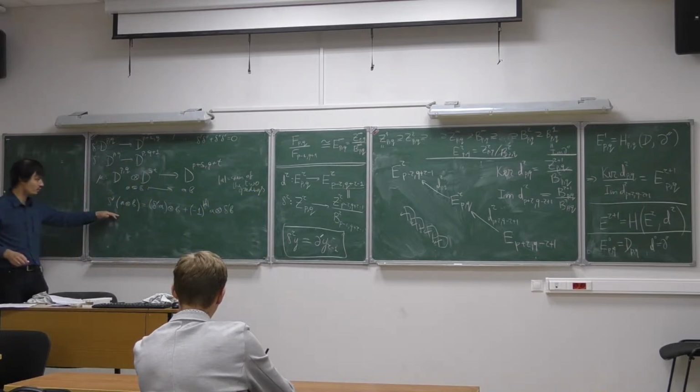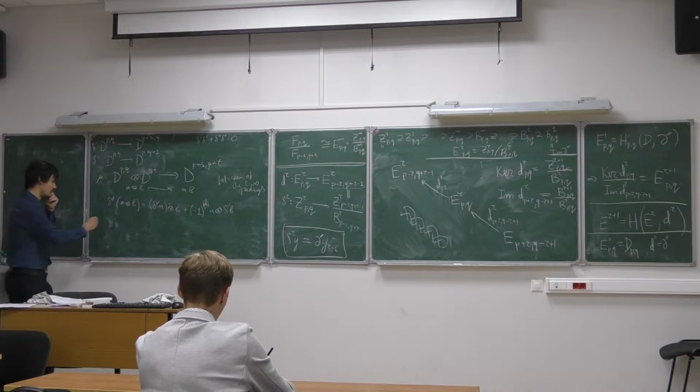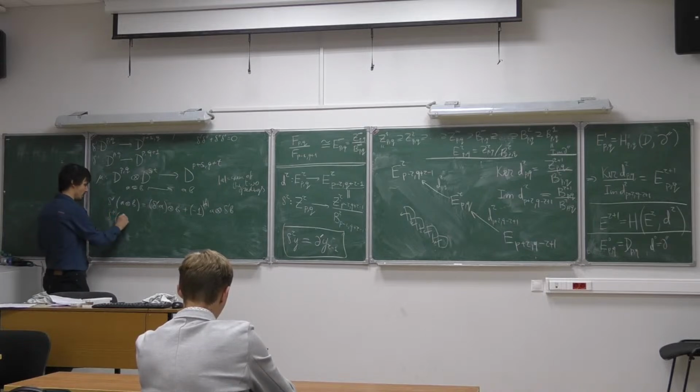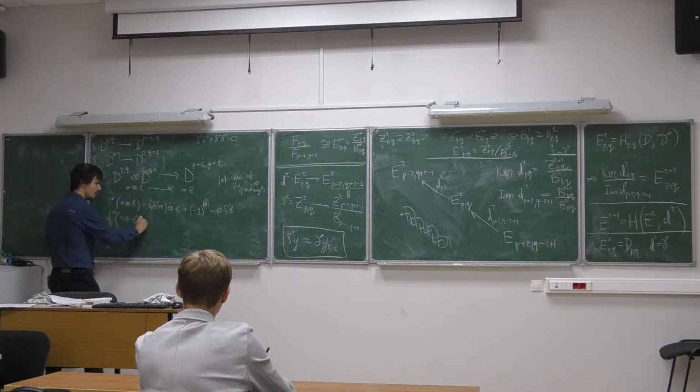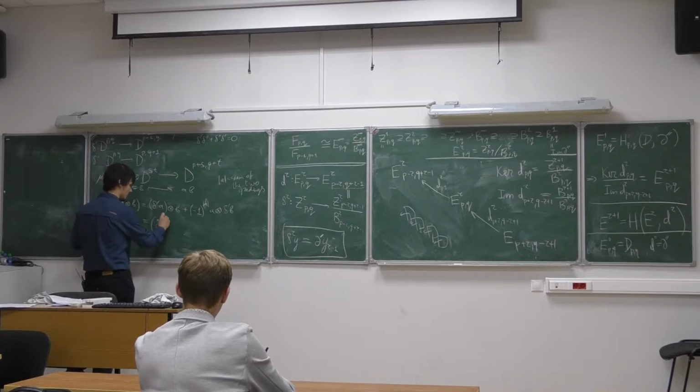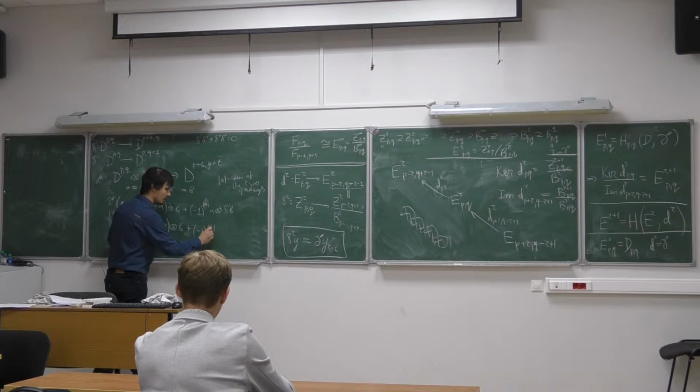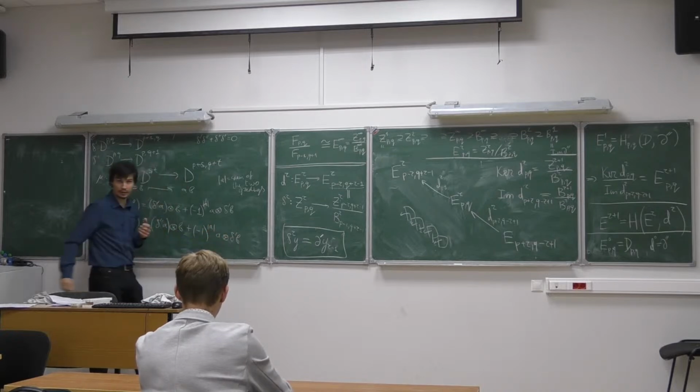And the same for delta 2 prime: delta 2 prime of a times b.